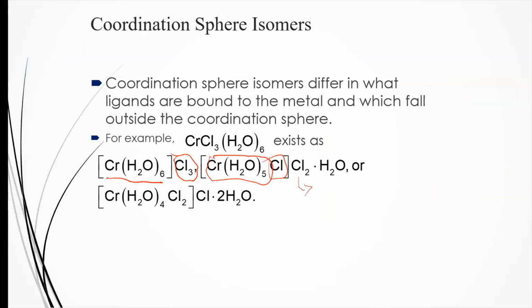So it's attached to that chromium. And then our water is associated on the outside as well. And so there's a couple of different options. So all of them have the same makeup, but they have different ones about who's part of the complex and who's part of that anion or that kind of the supporting charge particle.